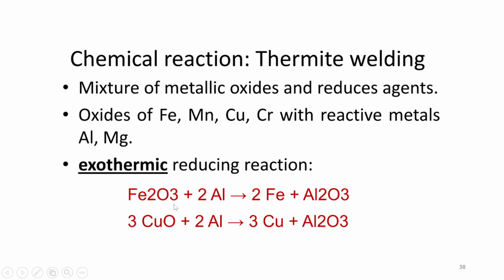As soon as ferrous oxide comes in contact with aluminum, this reaction occurs. In addition, heat is generated, an exothermic reaction. Oxides of iron, manganese, copper and chromium will react with reactive metals such as aluminum and magnesium. Copper oxide with aluminum will give copper and aluminum oxide, and ferrous oxide and aluminum will give iron and aluminum oxide.